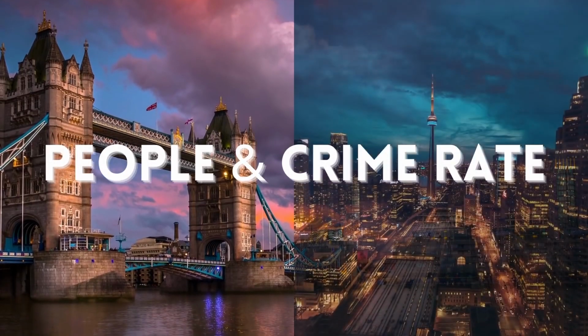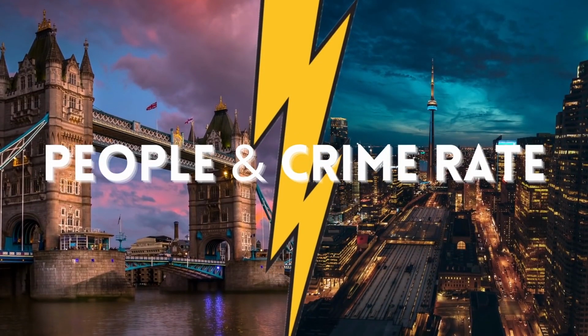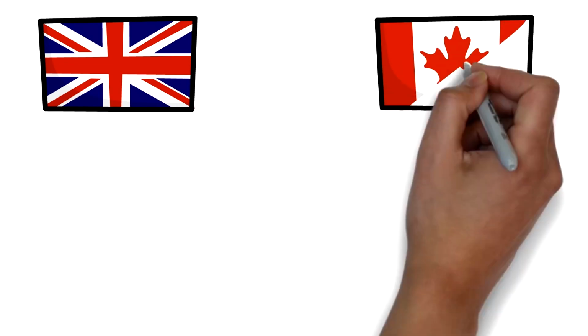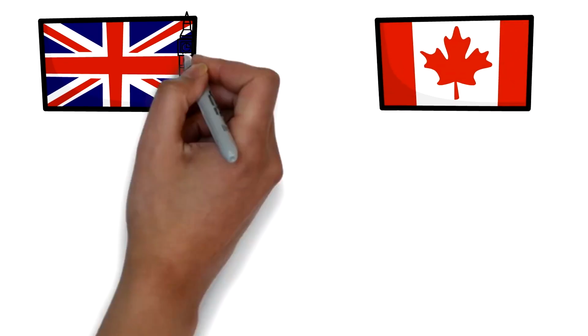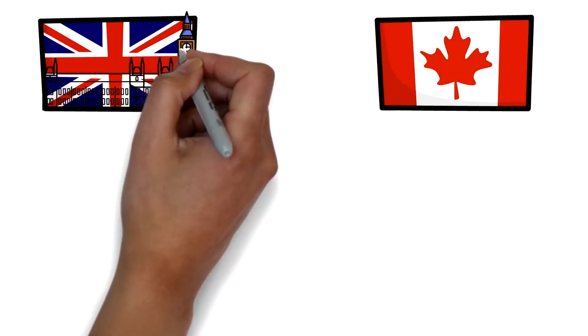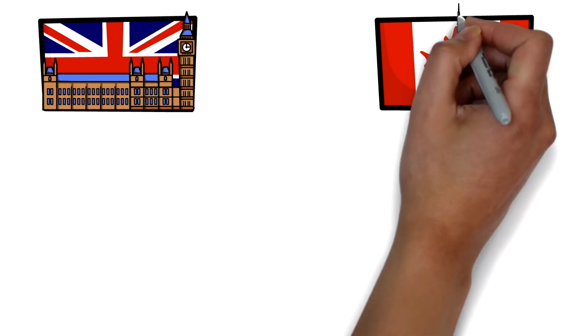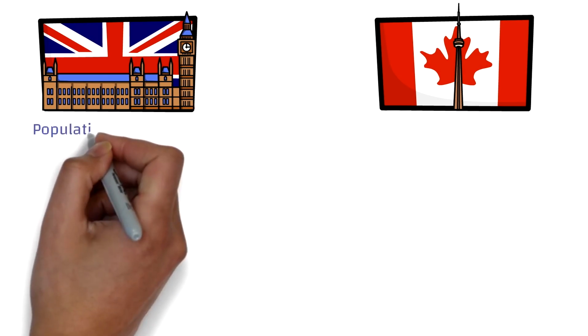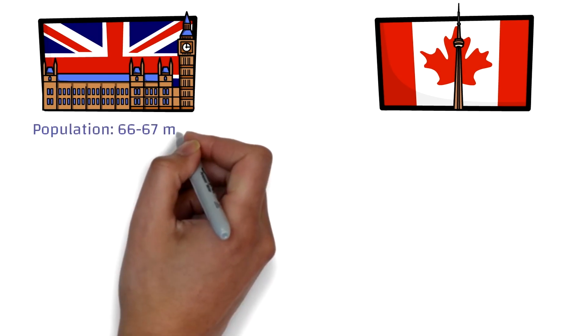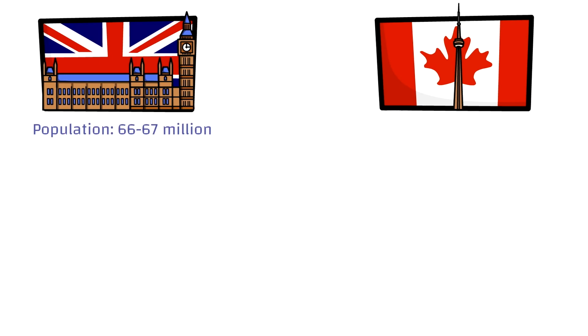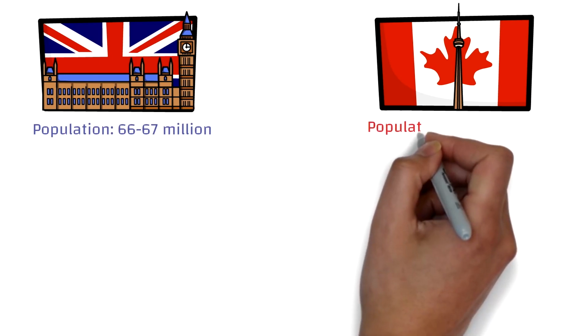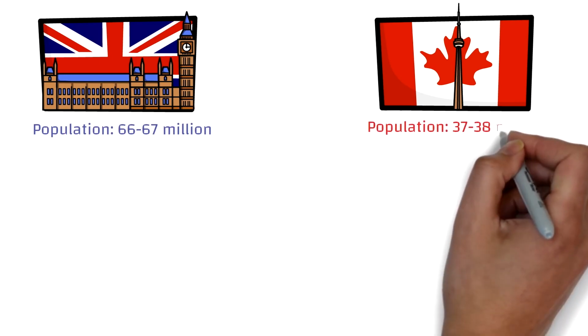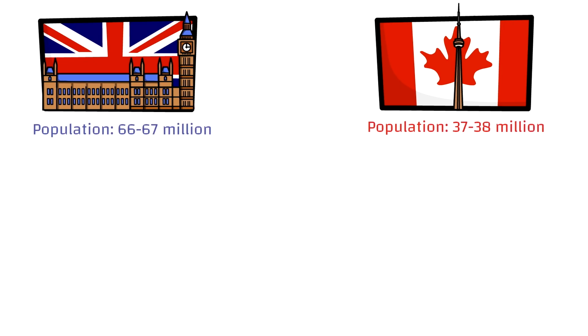Okay, so talking about the people and the crime rate, it's very important to know about the people living in a particular city or place where you're going to immigrate, and also whether it's a safe place to live or not. Talking about the UK and Canada, the population of the UK is around 66 to 67 million people, while that of Canada is 37 to 38 million.